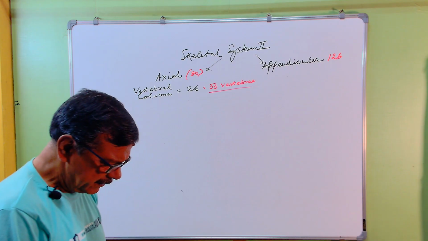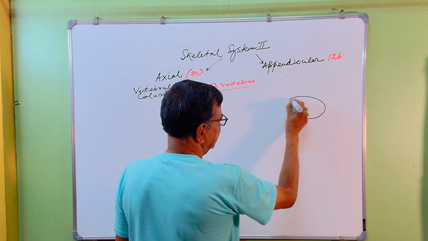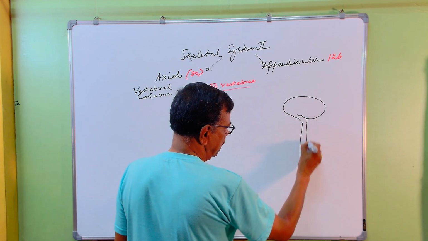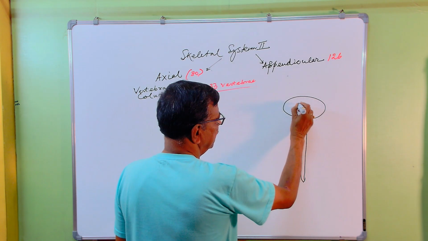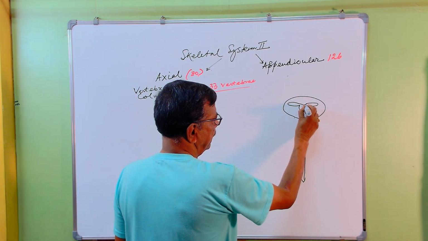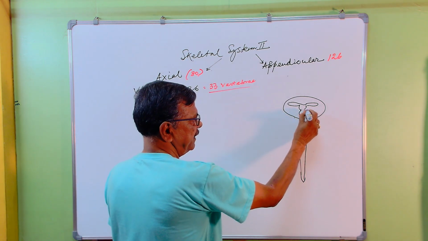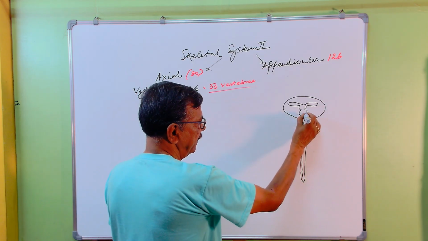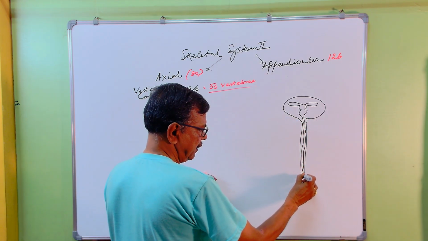During our discussion on the brain, we said that this is the brain and this is the spinal cord. These are the 2 lateral ventricles. This is the 3rd ventricle and there comes the 4th ventricle, and the 4th ventricle continues as the spinal cord.